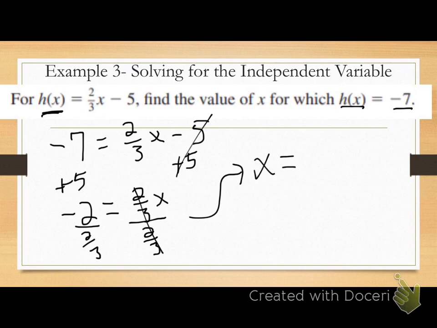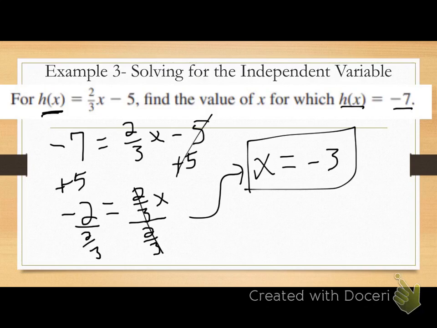And that would give me x equals -3, I believe. Let me type it in my calculator real quick. Yep, x equals -3. So the value of x for which h of x equals negative 7 would be x equals negative 3.